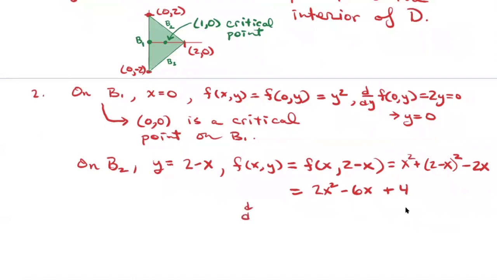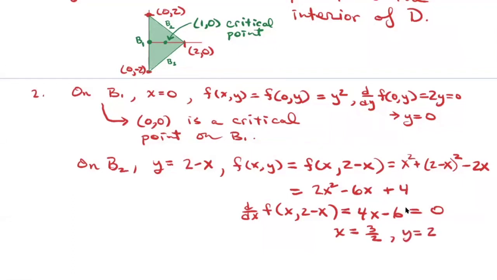Derivative with respect to x of f of x, 2 minus x is going to be 4x minus 6. You set that equal to 0. So x is going to be what? 6 over 4, so that's 3 halves. y is 2 minus x, so y would be 2 minus 3 halves, which I guess is 1 half.